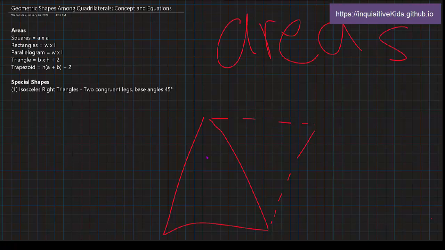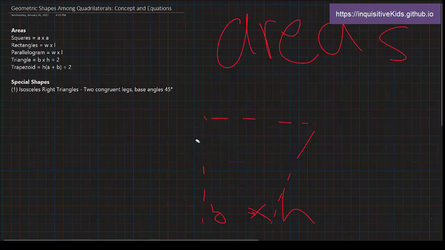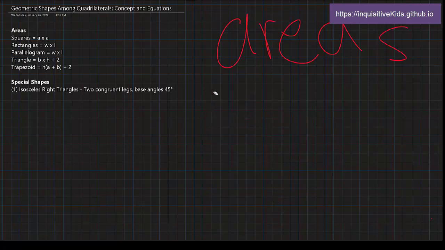And this is just the base of the parallelogram times its height, basically the same thing as width times length. But to find just one of these triangles, each triangle is 1/2 of the whole parallelogram. So we are going to have to divide by 2. So for triangles, it's base times height divided by 2.